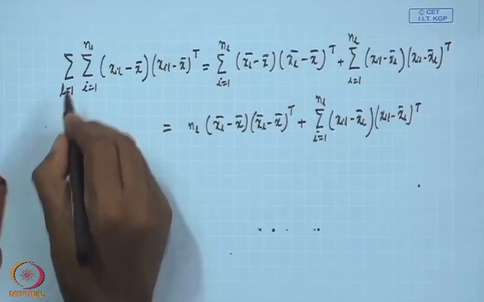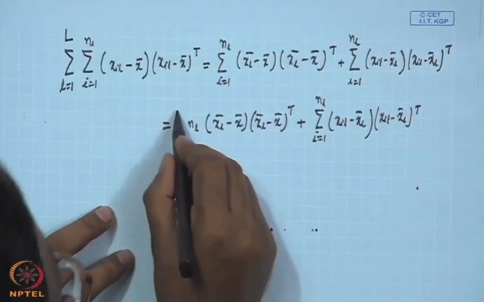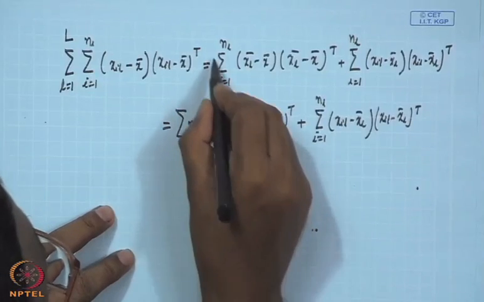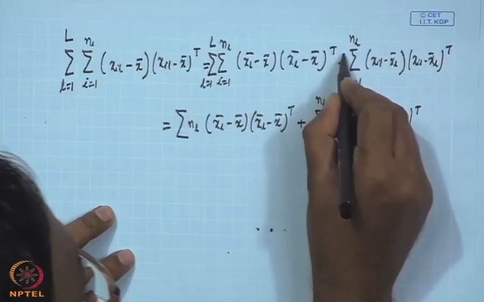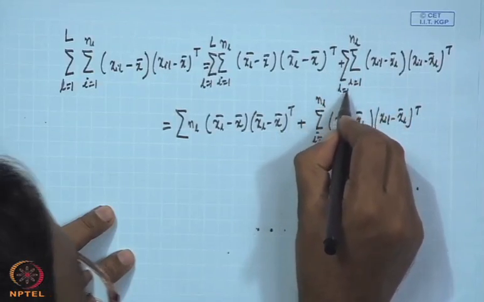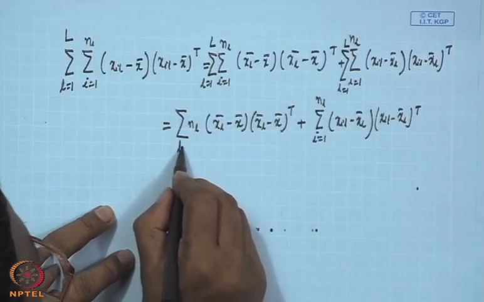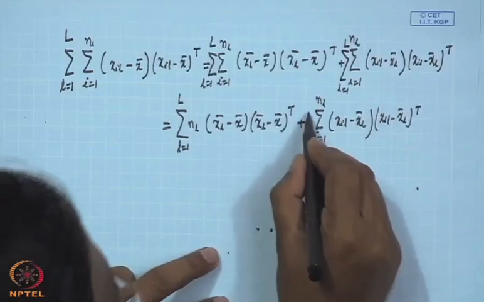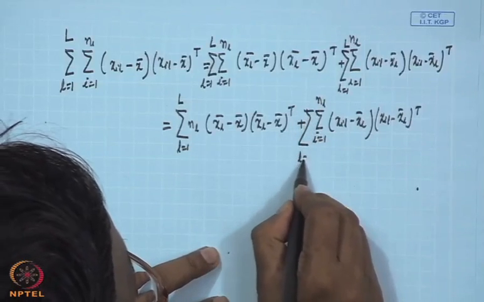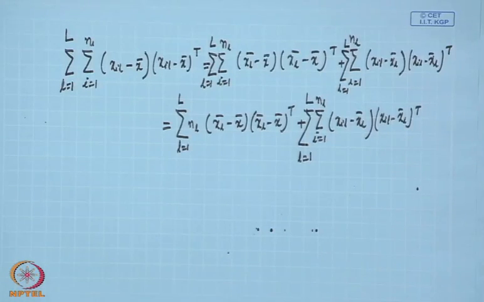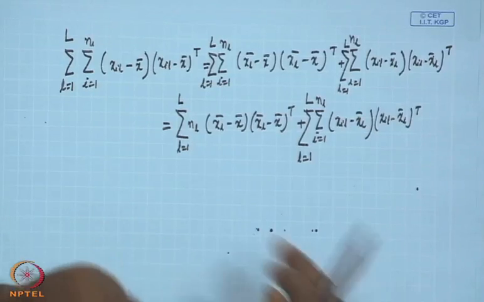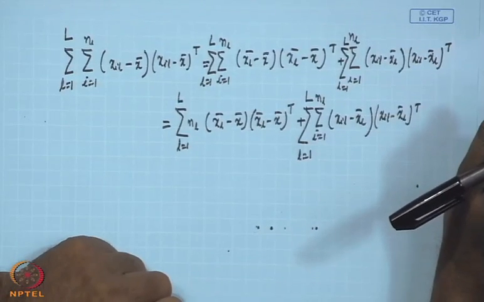So, L equal to 1 to capital L, here also L equal to 1 to capital L, here L equal to 1 to capital L. So, L equal to 1 to capital L, then here L equal to 1 to capital L. So, do we require the summation over P again?